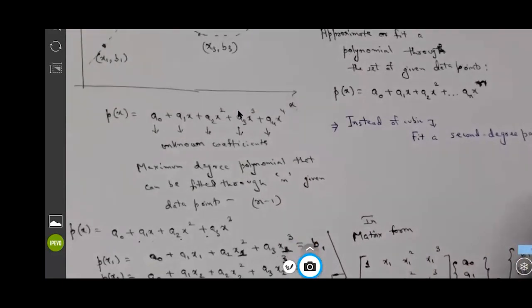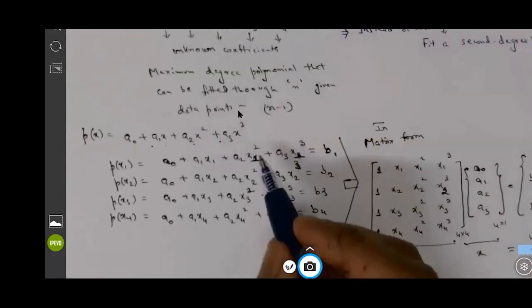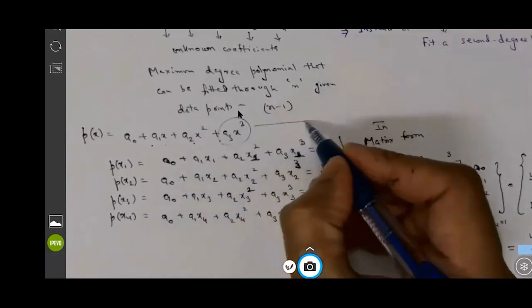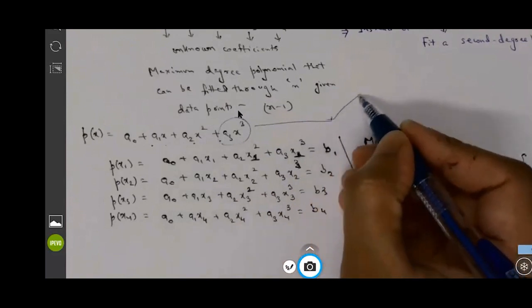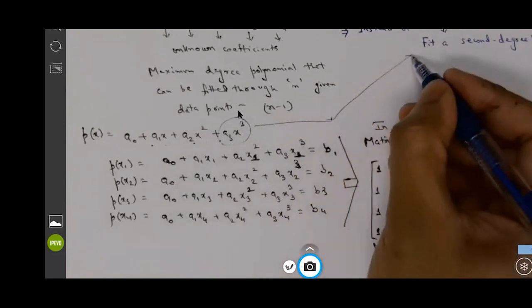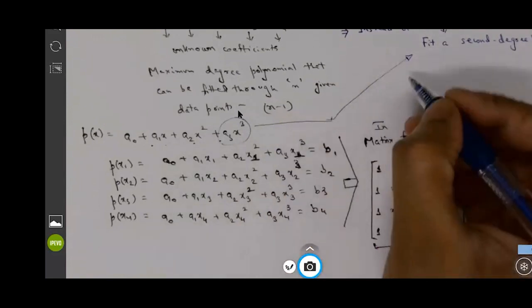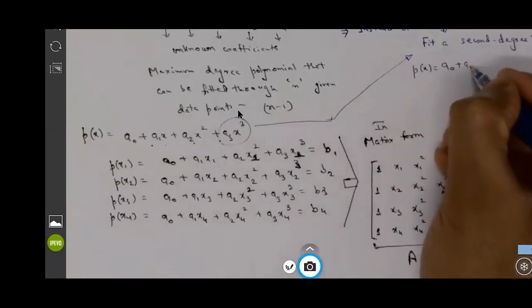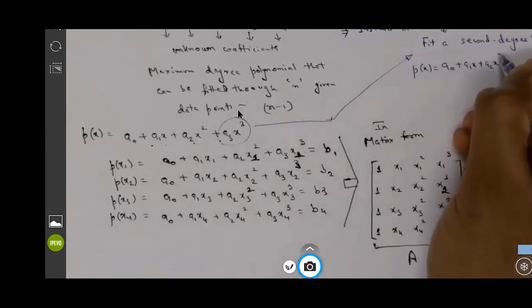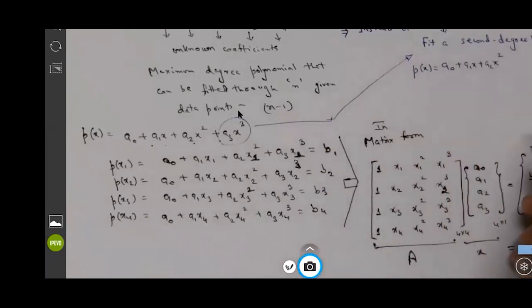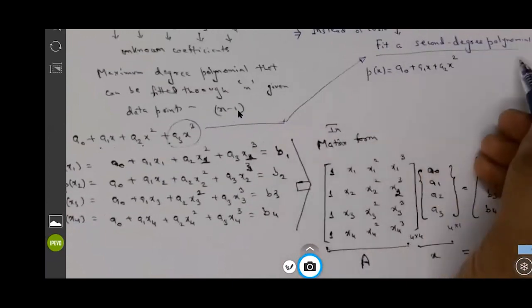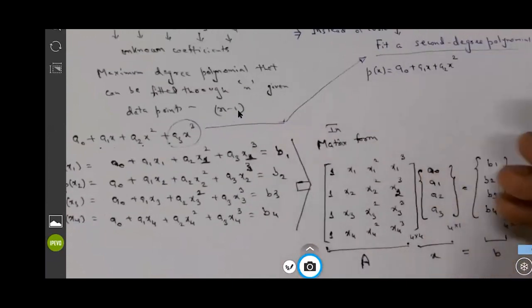Then you see that you are not having this term when you are trying to fit a second degree polynomial, isn't it? This term will go away, right? So you will basically have p of x is a0 plus a1x plus a2x squared. That's it, because there is no third degree term. That is a given condition. You do not want to go for cube, third degree. You want to go to second degree polynomial.